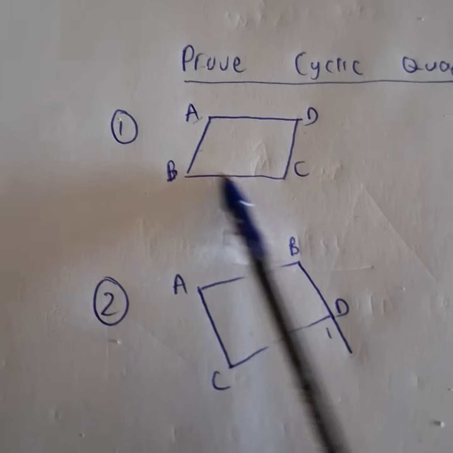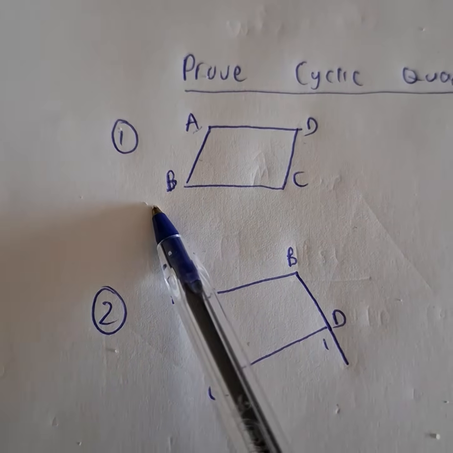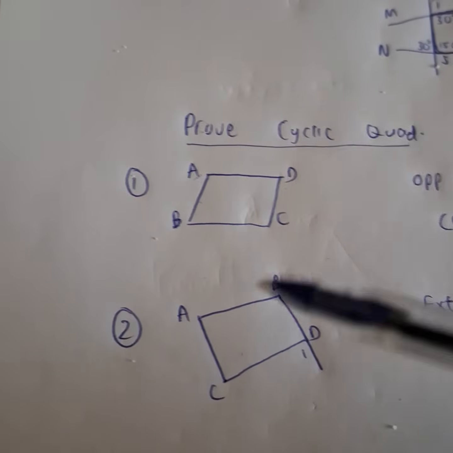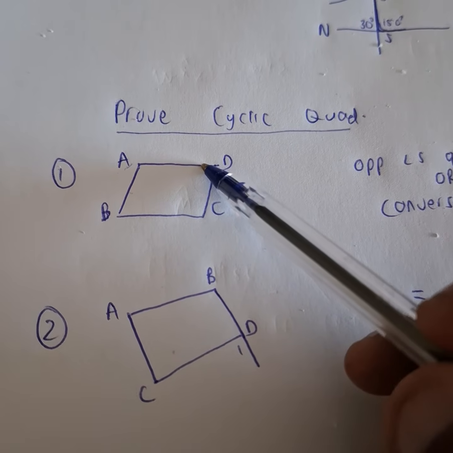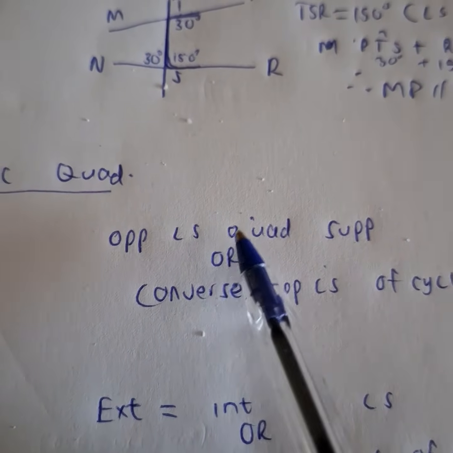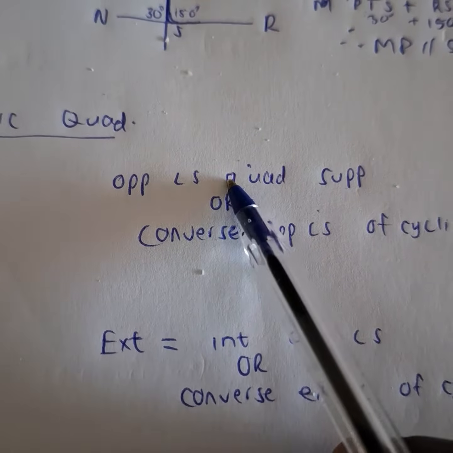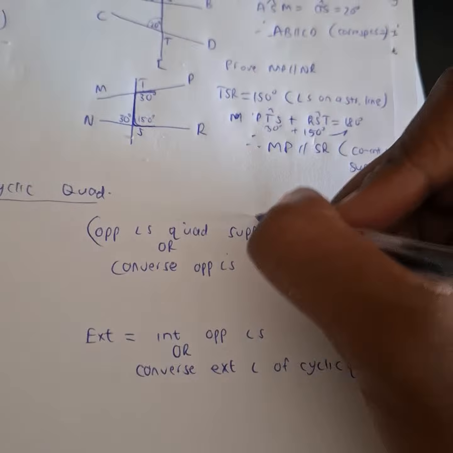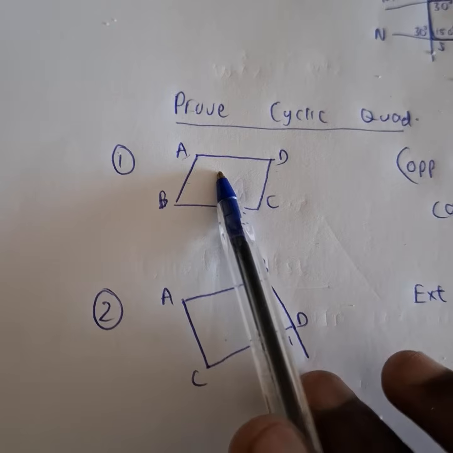In other words, we can prove that this angle B and this angle D add up to 180 degrees, then we can conclude that ABCD is a cyclic quadrilateral, and our reason would be opposite angles quad supplementary. Okay, opposite angles quad sup. Or we could use converse opposite angles of cyclic quad. Either of these two reasons is fine for this first case.